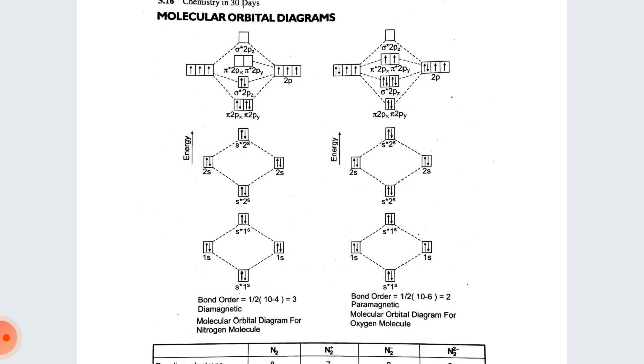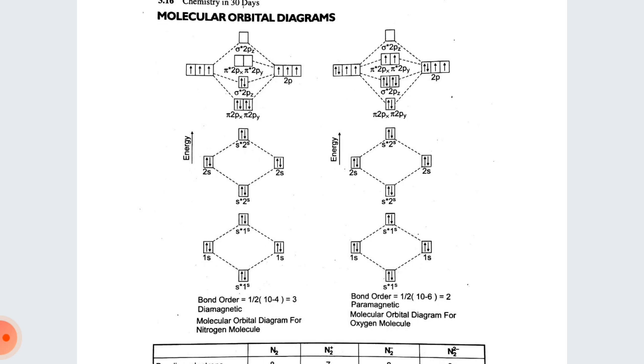Total number of electrons in dinitrogen, as a nitrogen molecule, is 14. In the bonding molecular orbital, sigma 1s has 2 electrons, and sigma star 1s, which is antibonding, has 2 electrons. Then in the 2s orbitals, 2 electrons are present in bonding and 2 electrons in antibonding.